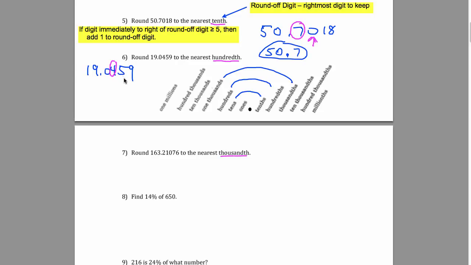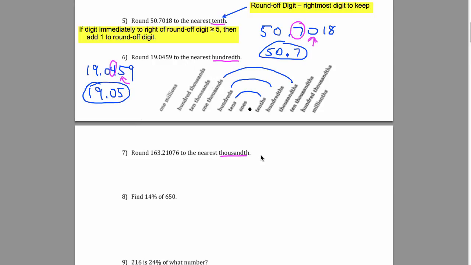So we look at the number that's to the right of the 4, and since it is greater than or equal to 5, we need to bump up the 4. So in this case, the final answer will be 19.05. Remember, we're only going to keep 2 digits here to the right of the decimal point because they're asking us to round to the nearest hundredth.